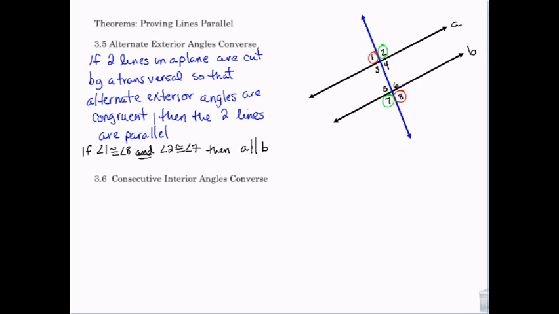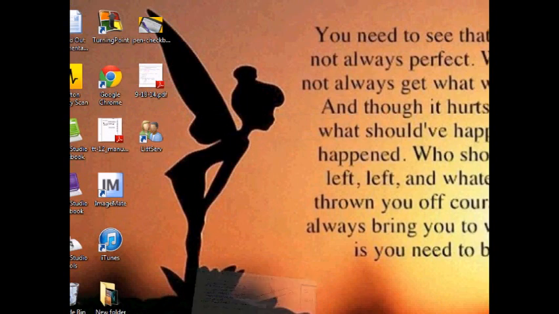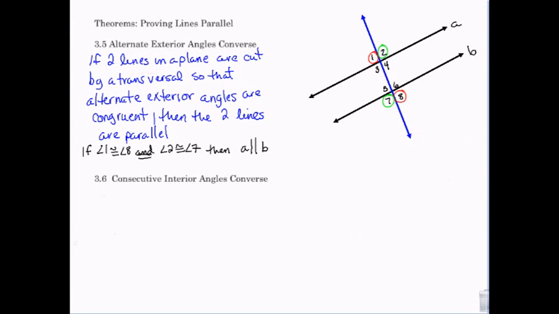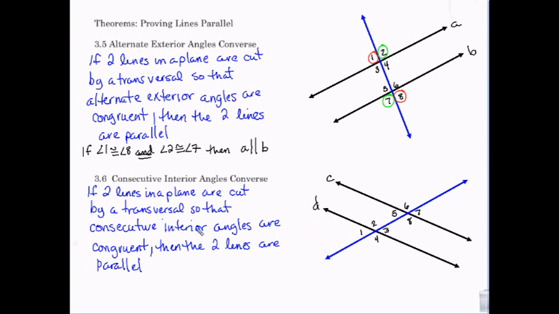Okay, then we have the consecutive interior angles converse. So the consecutive interior angles converse tells us if we have two lines and they're cut by the transversal, don't forget that consecutive interior angles are on the same side on the inside.